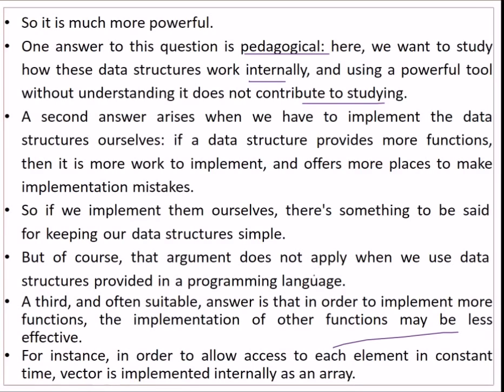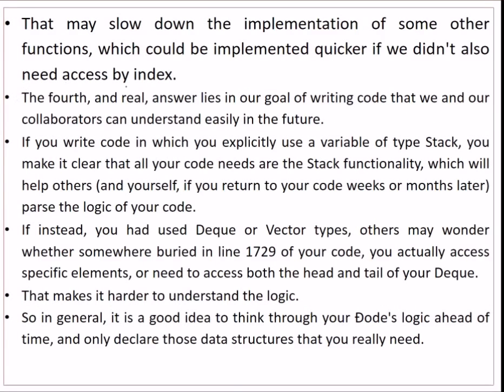For example, in order to allow access to each element in constant time, the vector is implemented internally as an array. So this is going to slow down the implementation of some other functions, which could be implemented in a faster way if we didn't also need access by index.